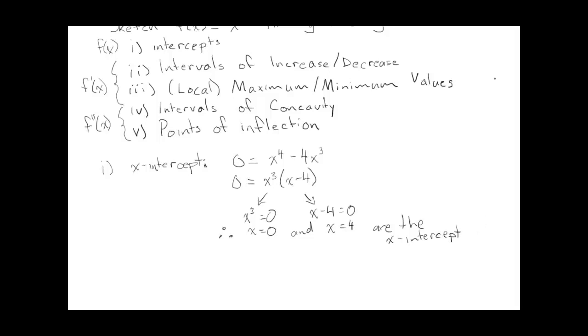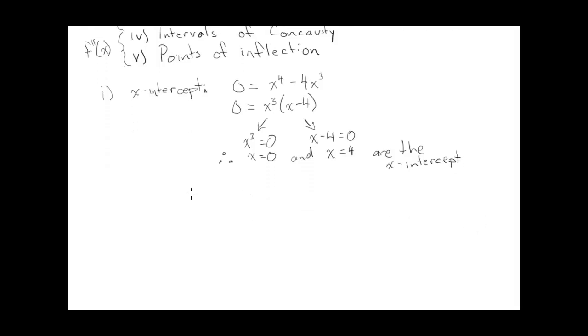You're also going to want your y-intercept. So your y-intercept, well in this case, because x equals 0 is an x-intercept, y equals 0 would be a y-intercept, but generally you find that by evaluating the function at 0. So that would be 0 to the power of 4 minus 4 times 0 cubed, which is of course 0.